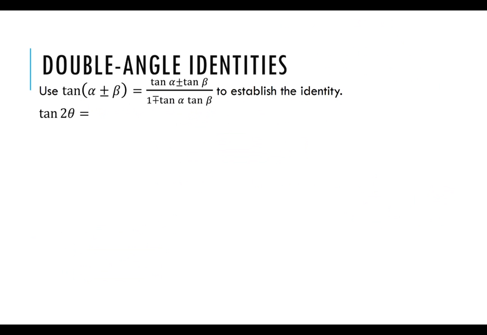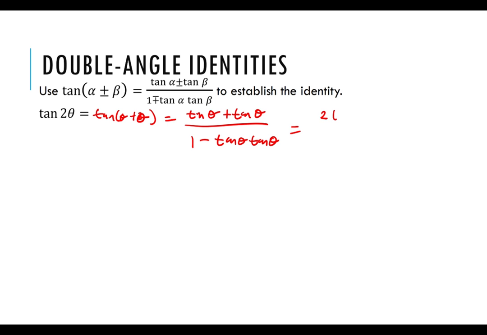Then we can find one for tangent 2 theta. So once again, that's the same thing as tangent of theta plus theta, which is really then going to give me tangent of theta plus tangent of theta divided by 1 minus tangent theta tangent theta, which then cleans up to be 2 tangent theta divided by 1 minus tangent squared theta. And so there's a good representation.